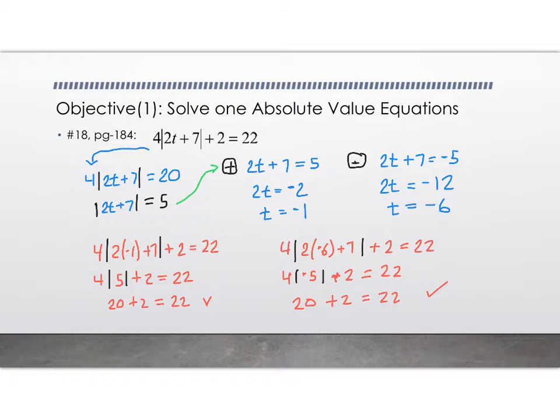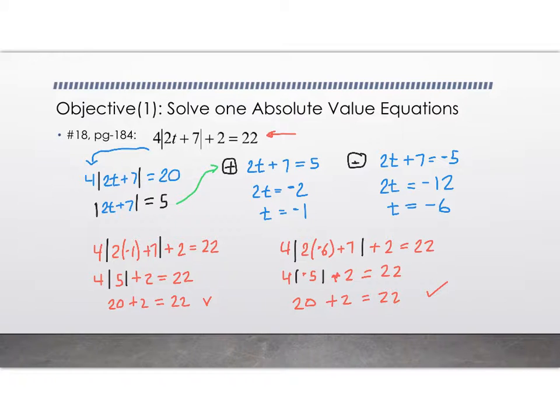Our first objective is to solve a one absolute value equation. This is number 18 on page 184. Here we have 4 times the absolute value of 2t plus 7, plus 2, is equal to 22. The first step is we're going to isolate the absolute value sign.